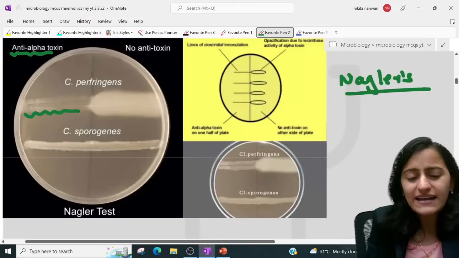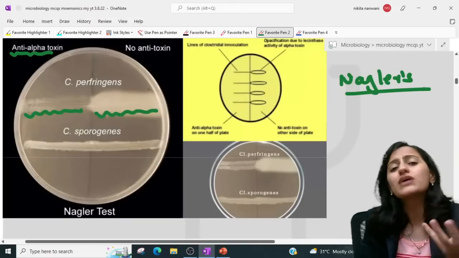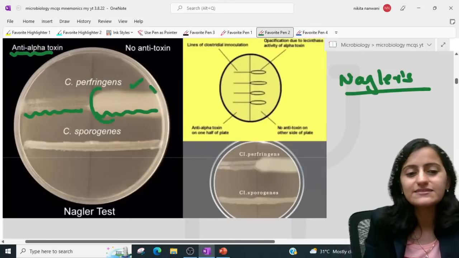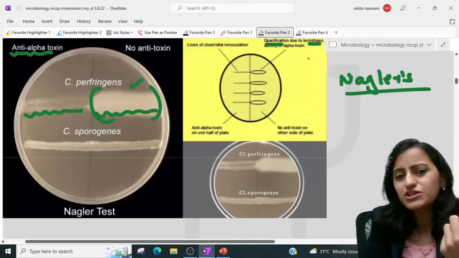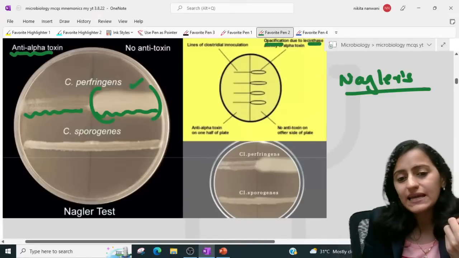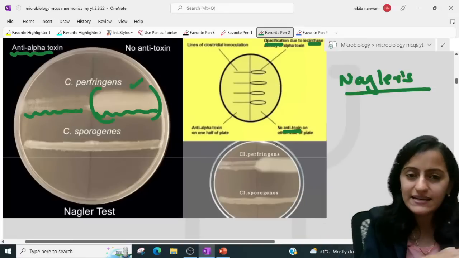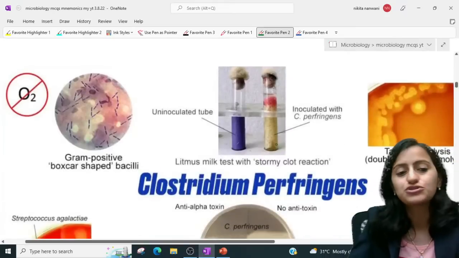So where we have the anti-alpha toxin, you don't see that reaction. Where there is no antitoxin, the lecithinase causes the lysis, and that is how we will see this reaction. There will be opacification due to lecithinase activity in the half where there is no antitoxin. So one side there is the antitoxin, one side there is no antitoxin, that is Naegler's reaction, which is neutralization.